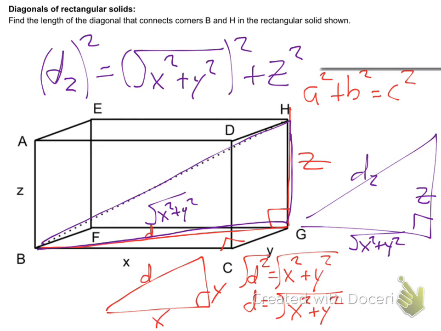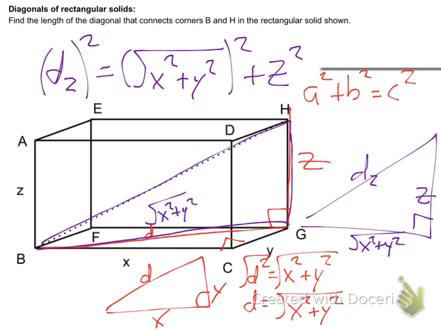Guys, this is the base. There's too many things being squared. Yes, I know. But look, this is the bottom. The bottom of this bigger purple triangle is the square root of X squared plus Y squared. I have to square that, then I have to square the height. But what happens when I square a square root? They cancel each other. And guess what?